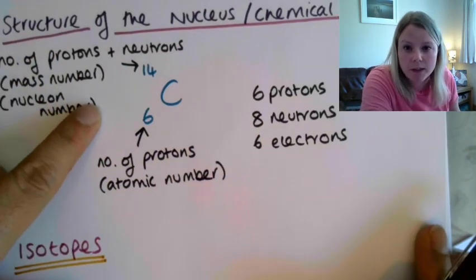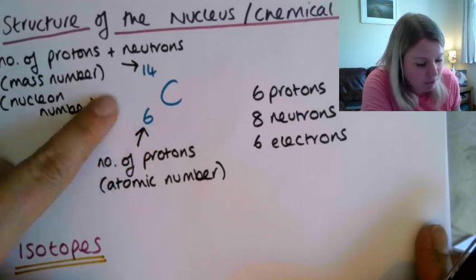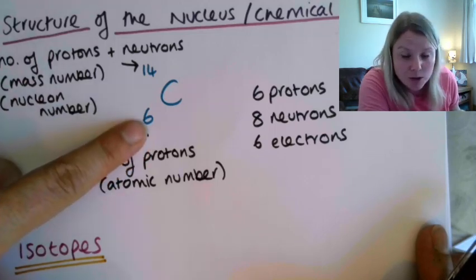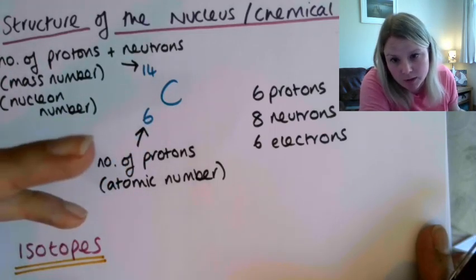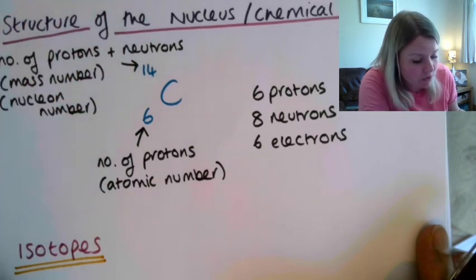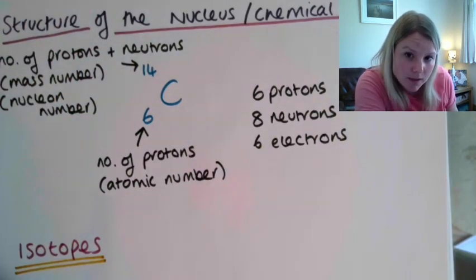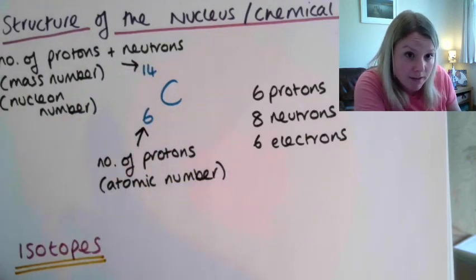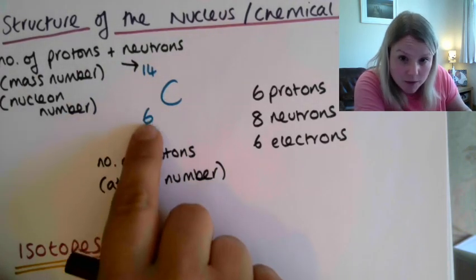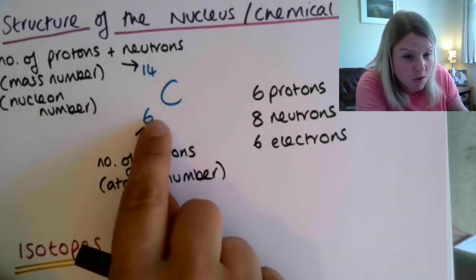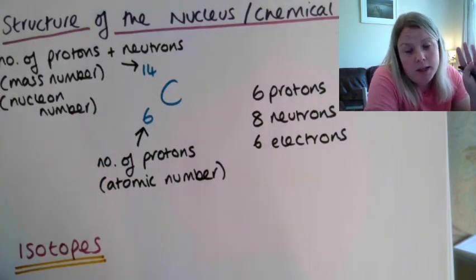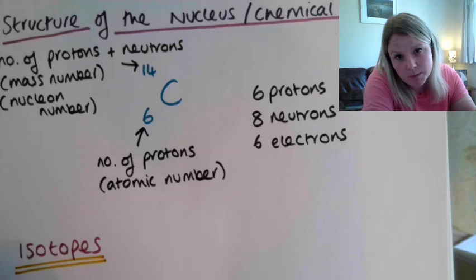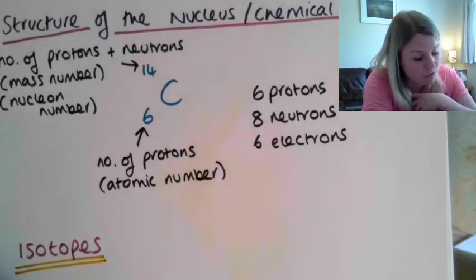Now, up here I drew this chemical symbol for carbon, but that's not the only version of carbon that exists. Another version of carbon has got 6 protons and 6 neutrons, so this number would be a 12. But the thing that links them is this atomic number here, this number of protons. So all carbon atoms will have 6 protons, but they just might have different numbers of neutrons in them as well.